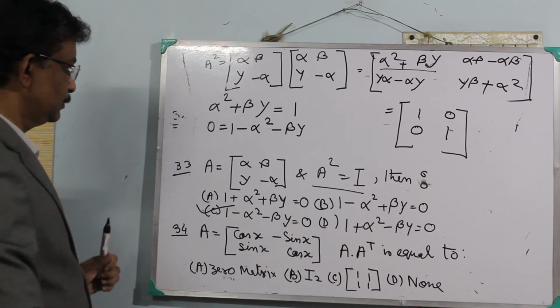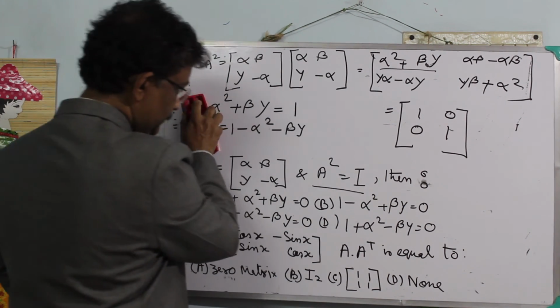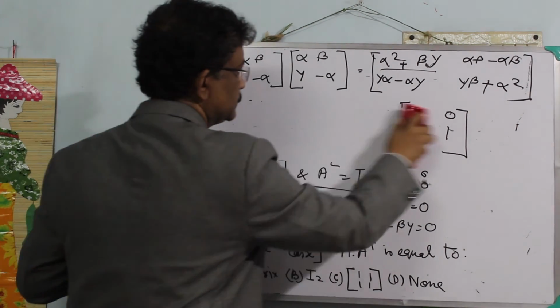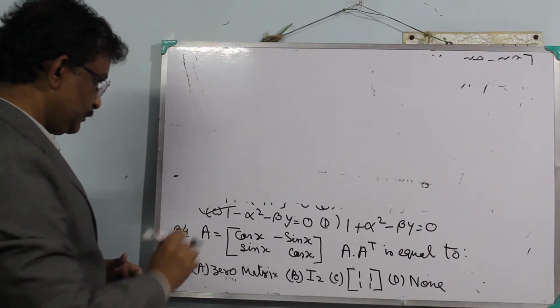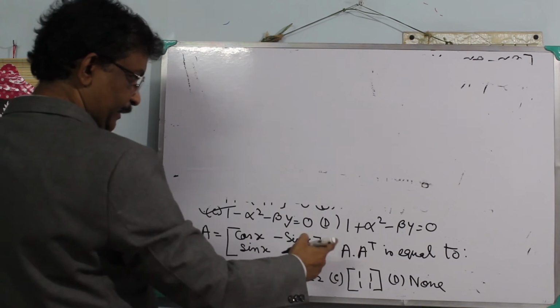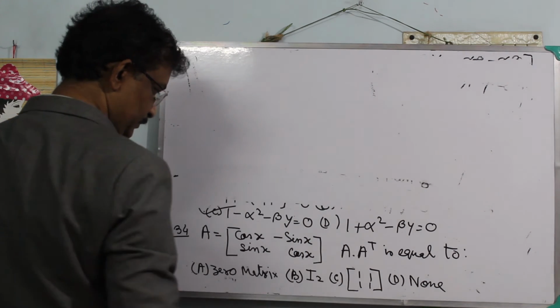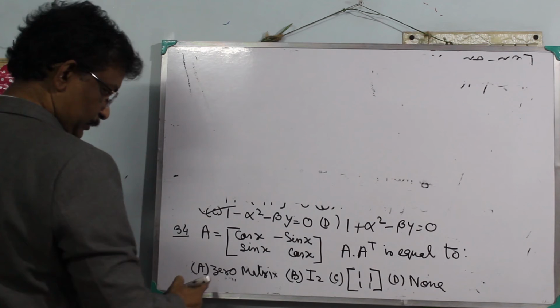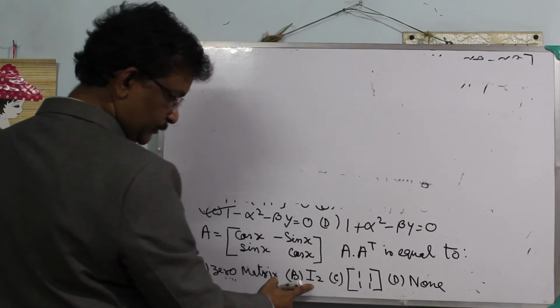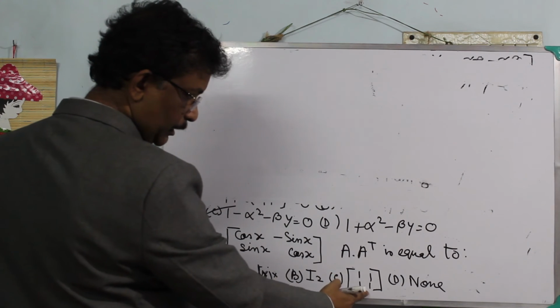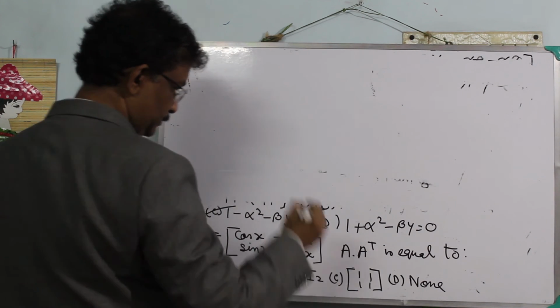Now 34 says, A is equal to cos x, minus sin x, sin x, cos x. A and A transpose is equal to: zero matrix, identity matrix of order 2, 1 1 1 1, none.